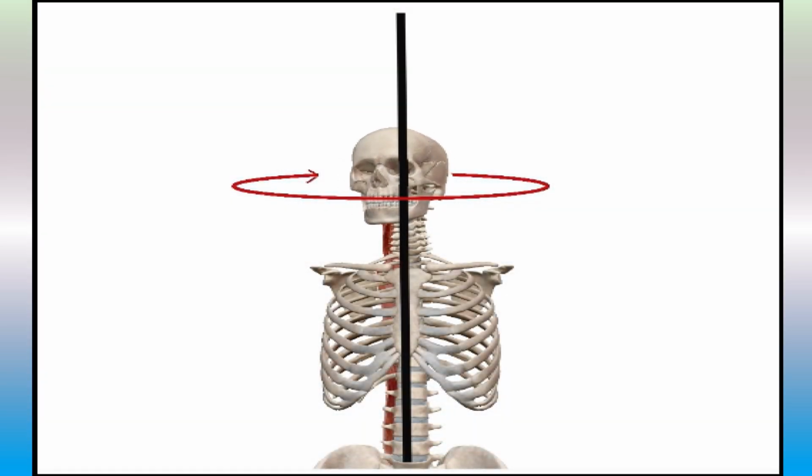Looking at our y-axis or our superior-inferior axis, running from superiorly to inferiorly or vice versa, we have the motion rotation, where your head rotates around the axis. And that rotation happens on the transverse plane.